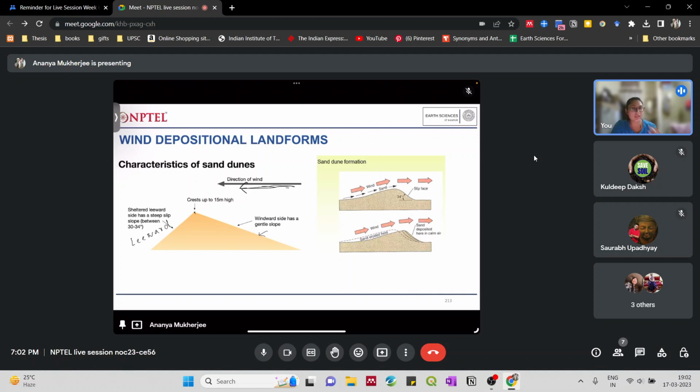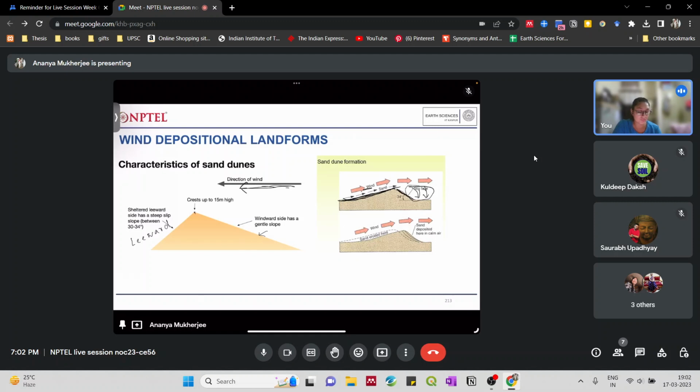Now, how a sand dune migrates and forms. First this gentle windward slope is there, and over here the slip face has formed. As the wind is flowing, it will pick up the sand from here, and when this area is devoid of surface, the land surface is lower over here, it is going to start depositing the sand that it is bringing.